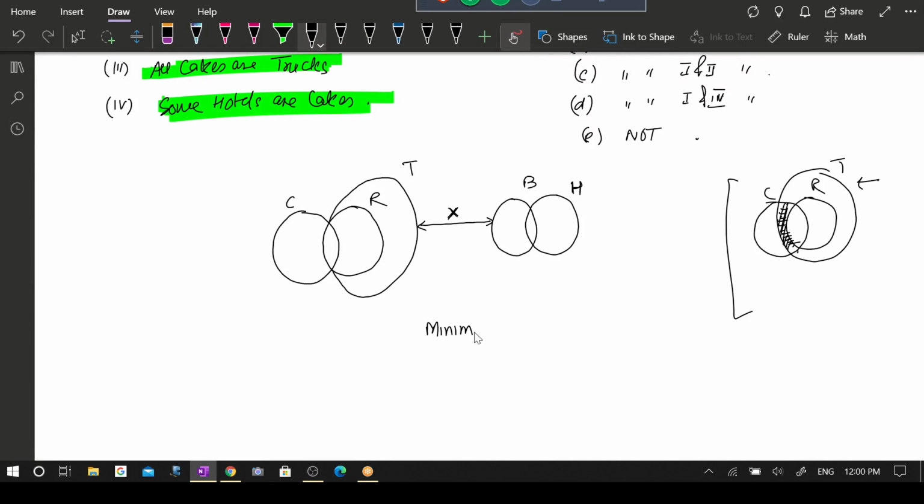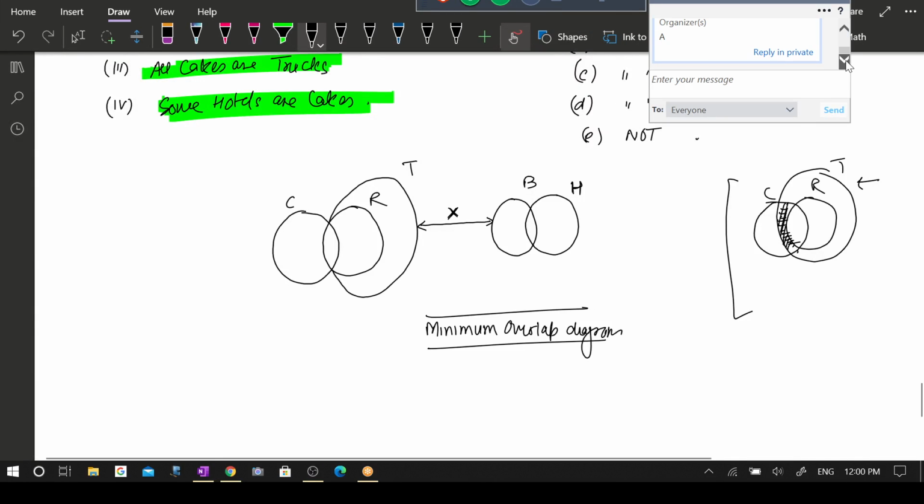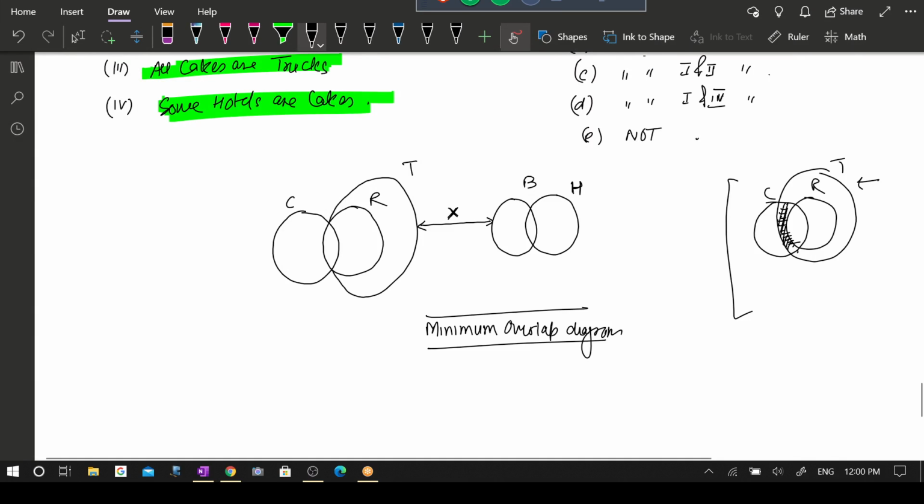This is a minimum overlap diagram. And luckily, since no conclusion has a no in it, this minimum possible diagram would work. So let's do the conclusions. Some trucks are cakes.